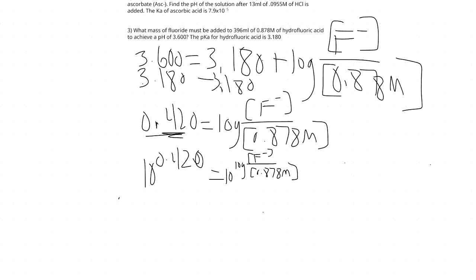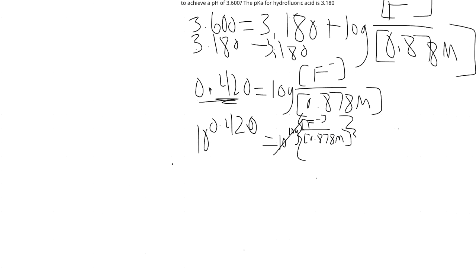So these cancel out, and what you're left with is whatever's in that log, which is this stuff. So what we'll actually have, and 10 to the 0.420 is just a number, it's like saying 10 squared or 10 to the 1/2, right? Equals F minus over 0.878 molarity.